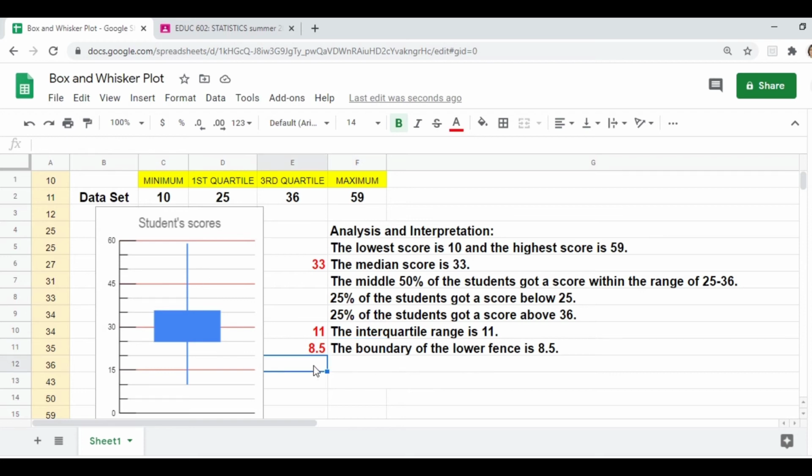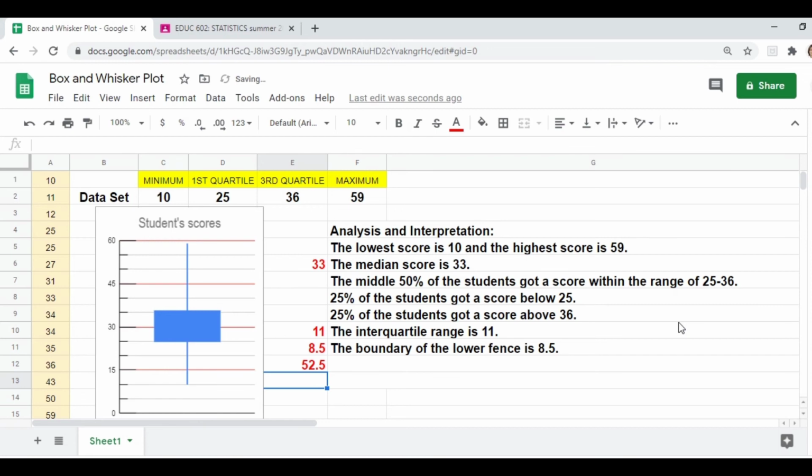Next, how about the boundary of the upper fence? We can have equals the value of the third quartile, which is 36, plus 1.5, again a constant, times 11, which is the interquartile range.